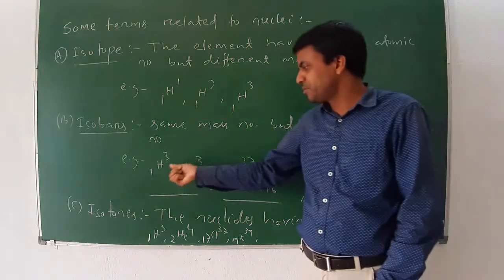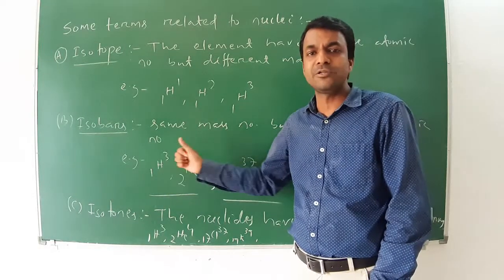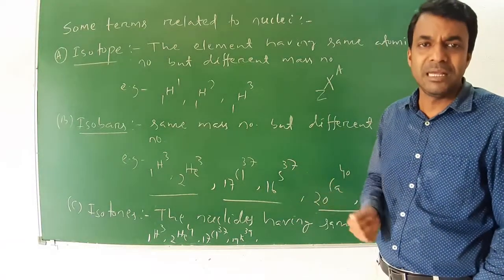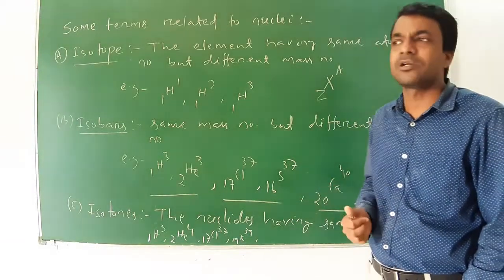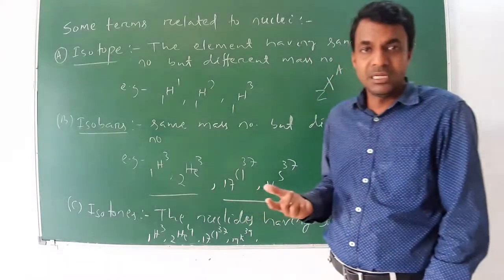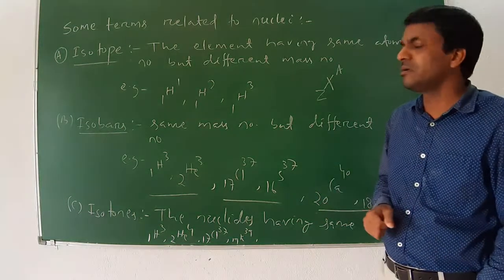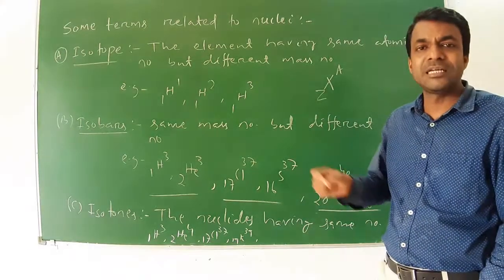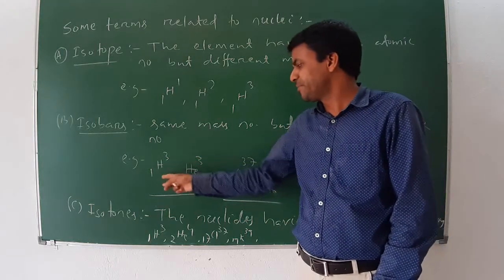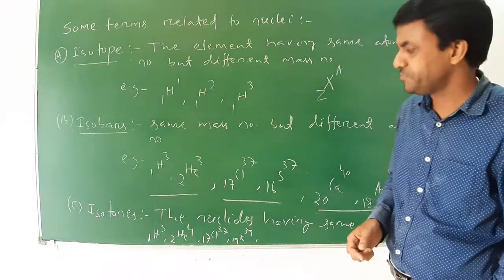There are some examples like 1H3, one of the isotopes of hydrogen, and 2He3, an isotope of helium, because helium has 2 isotopes. One is 2He3, another is 2He4. The isotope 2He3 is an isobar of the hydrogen isotope 1H3, meaning same mass number 3 but different atomic number, that is 1 and 2.